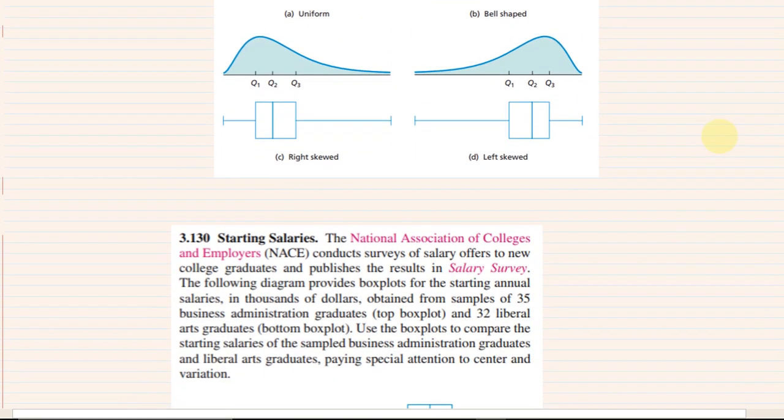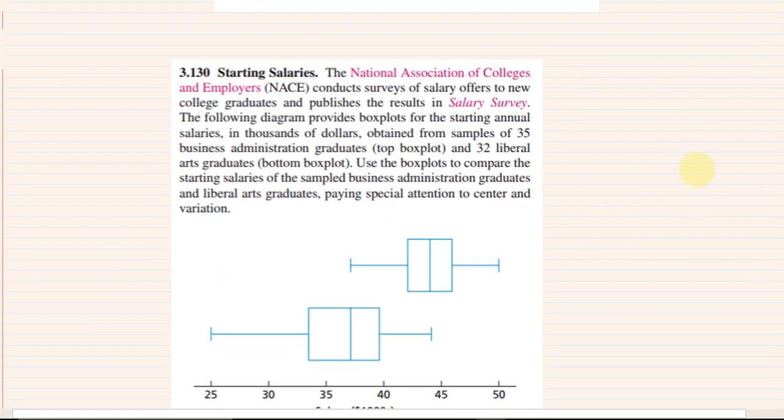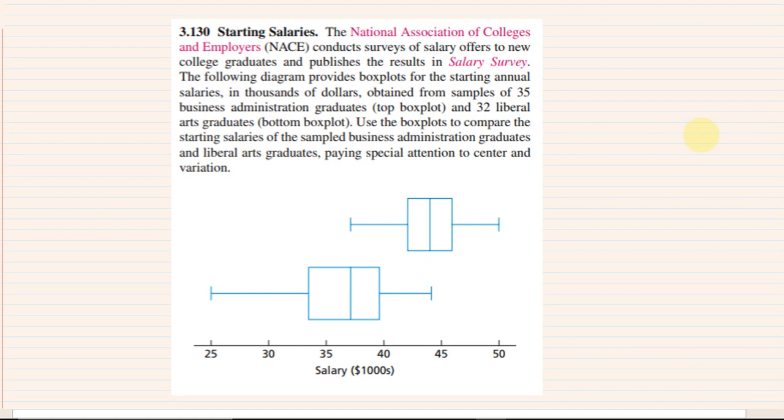Let's take a look at an example. In this exercise, this is number 130 in your textbooks. They're looking at the salaries of two different majors, two different graduates. One is business, the top one is for business graduates, and the lower one is for liberal arts graduates.